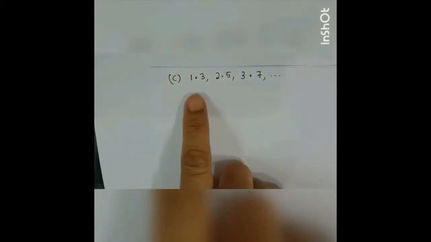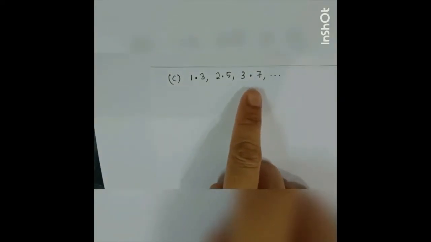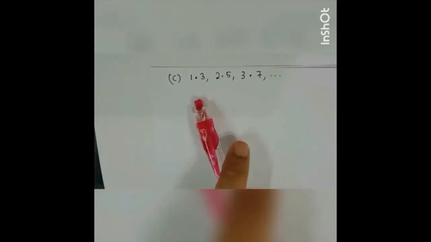1c. Given the sequence 1 times 3, 2 times 5, 3 times 7 and onwards. First step, I split each term into 2 parts.